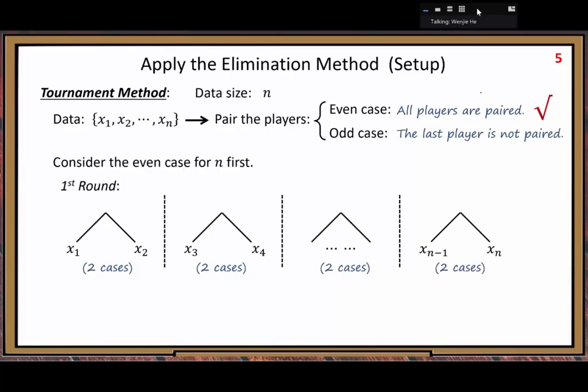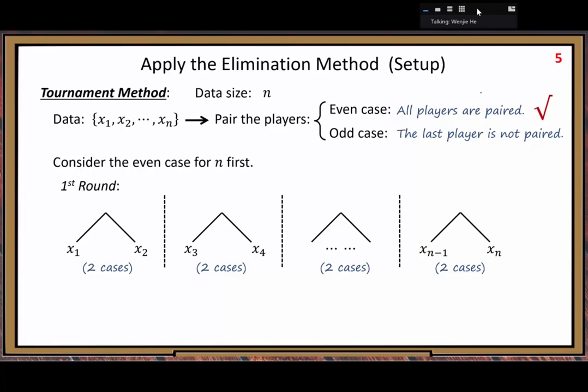How many total cases? Is that just the first round or in total? There are 4 in the first round. But N is unknown. N could be 1 million. N could be any even integer.